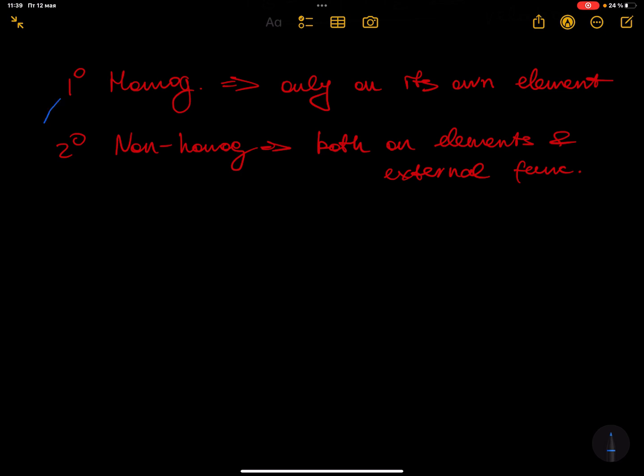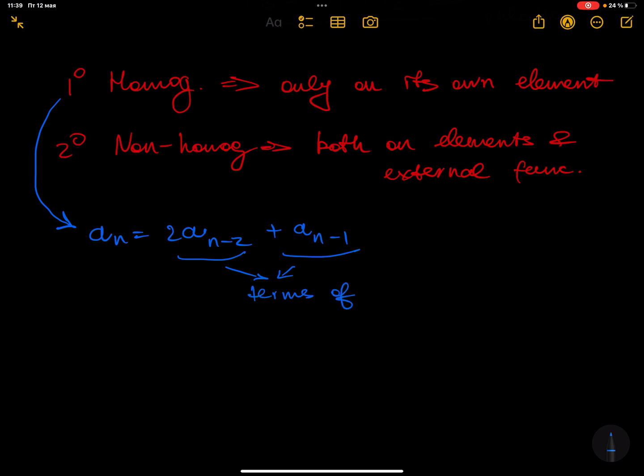For example, this is homogeneous: a_n equals 2a_(n-2) plus a_(n-1). This is homogeneous because both these elements are elements of the sequence itself.